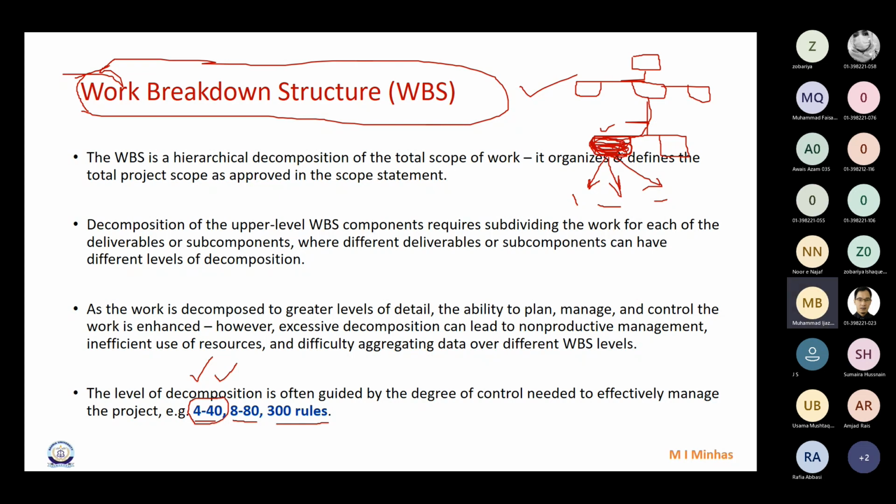If we try to further subdivide this level, that actually makes things more inefficient. Planning things at a very minute level will just add to your troubles. It will not make things better for you. Similarly, monitoring and controlling every smaller chunk makes things more complicated.